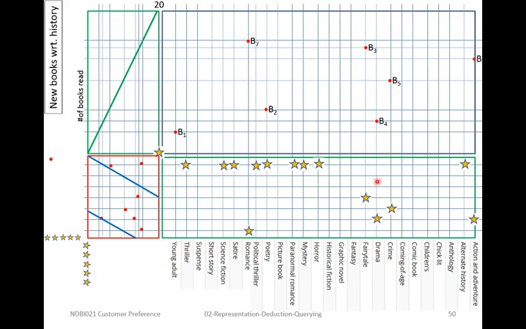So here is the projection of stars. And there were a lot of drama books read by this user. So probably if he or she really likes drama books and reads a lot of them, he or she most prefers these drama books. Okay.